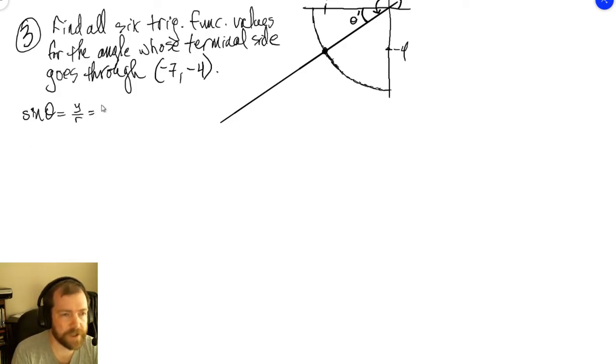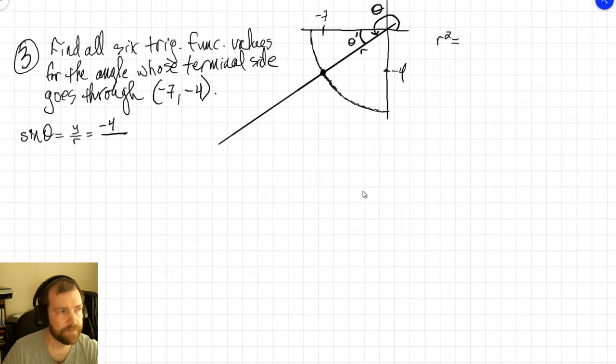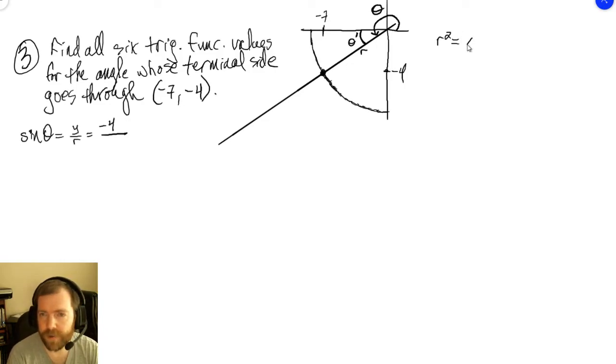In this particular case, this ends up being -4 divided by, and now we have to find the r. Our r value here, if you remember the relationship, r squared equals x squared plus y squared, because we can form up a right triangle from the point that we were given, -7, -4, and the fact that these are orthogonal coordinate systems.